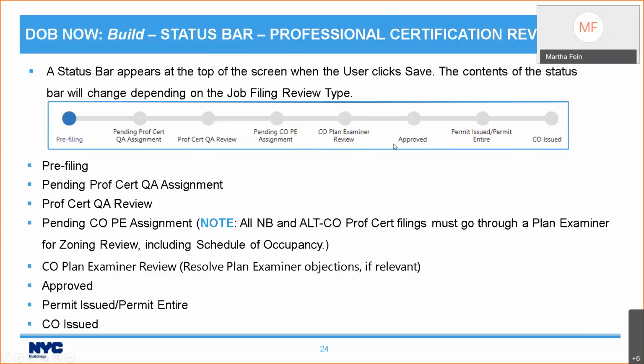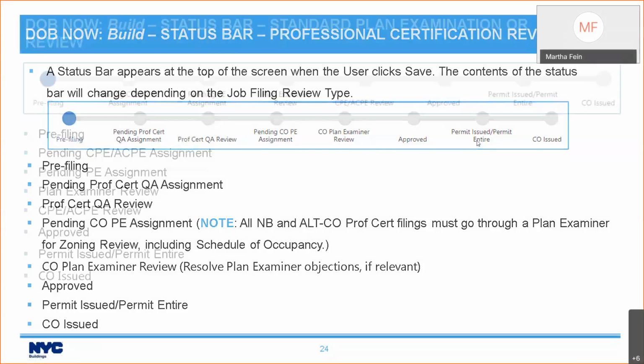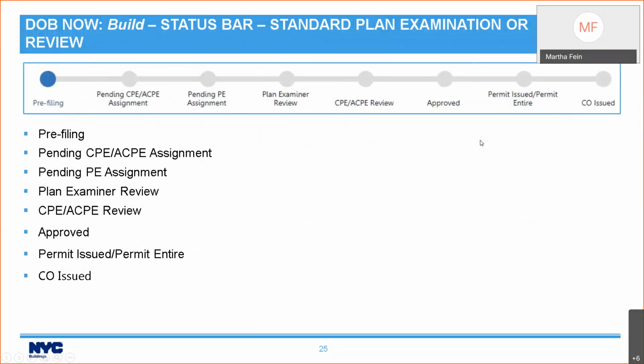And then, of course, approved, then permit issued, and then CO issued. Nothing changes if you choose standard plan examination or review, because a standard plan review already goes through plan examiner review. So that same plan examiner will do the zoning review that is required.